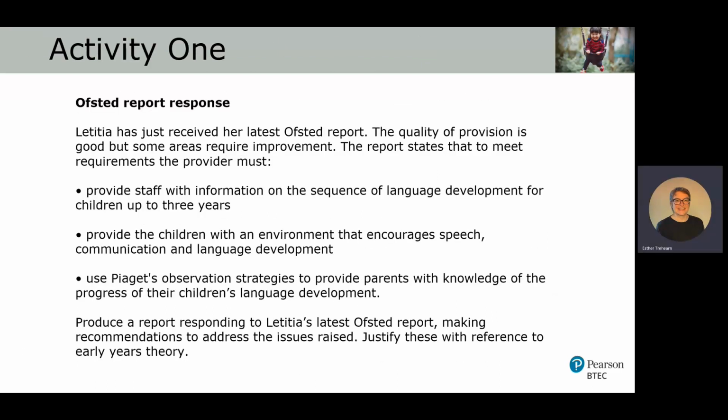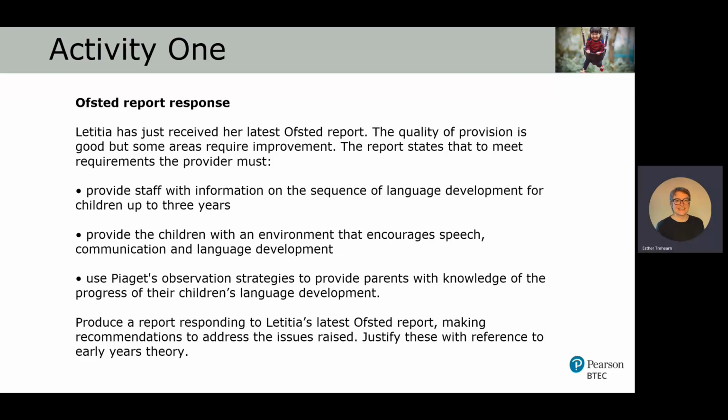Activity 1. This activity always consists of 3 subtasks and should be responded to in the format of a report. The first part of the task relates to theory. In this instance, any theory was acceptable, providing it linked to the sequence of language development for children up to 3 years old.